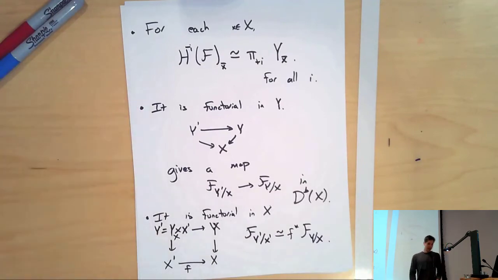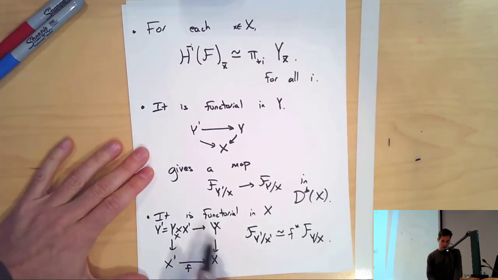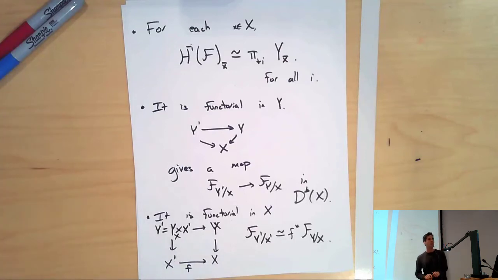And again, this is how things ought to work based on the first assertion that I've made, which is that when you take their stalks, they're just computing the homotopy groups of the fibers. If you have a pullback diagram here, it means the fibers of this vertical map on the right are the same as the fibers of this vertical map on the left, and therefore they'll have the same L-adic homotopy groups.